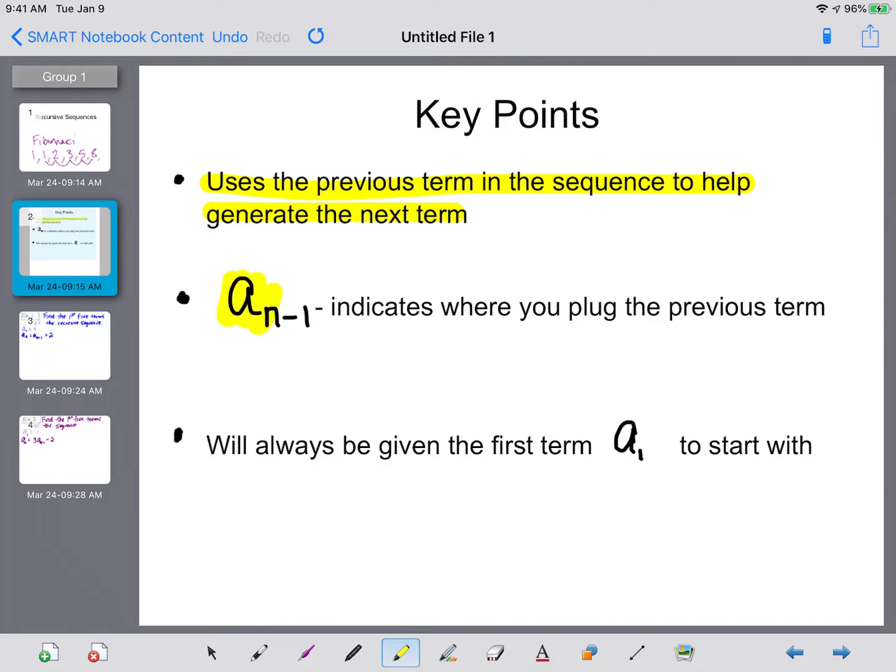Anytime you see this a with a subscript n minus 1, that is the indication of where you plug the previous term in. In each one of these formulas, you will always be given the first term, a sub 1, to start with. You'll use that first term to help you generate the second term. Once you know the second term, you'll use that to help you generate the third, and so on.